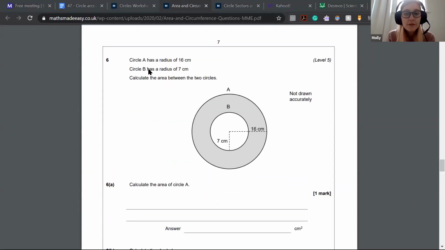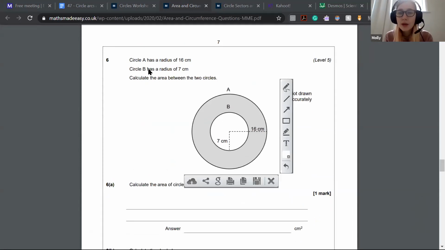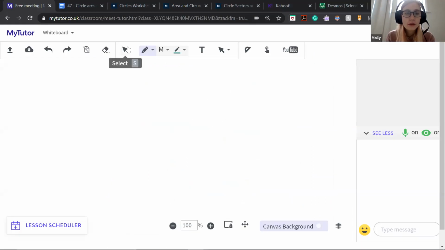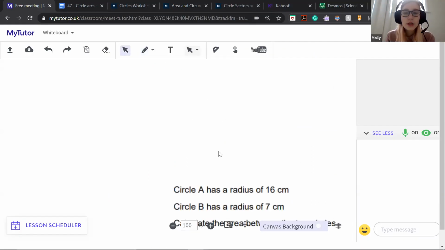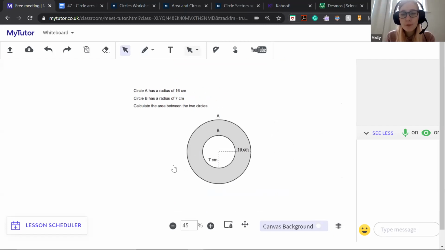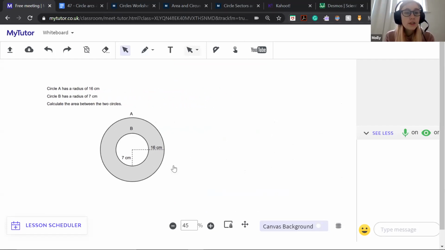Let's just have a look at this one, and then we're going to move on to sectors and arc lengths. Just because this is more like the kind of exam question that would come up. So we want to calculate the area between the 2 circles. So this shaded area here, this kind of donut ring.